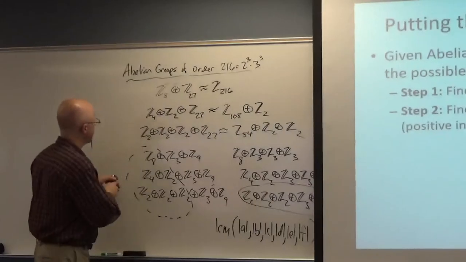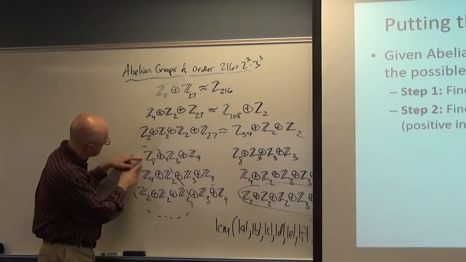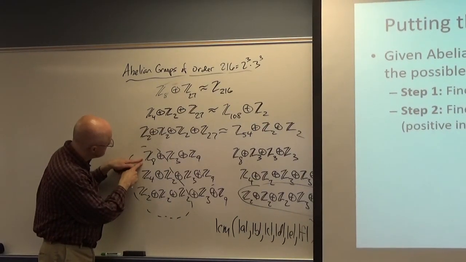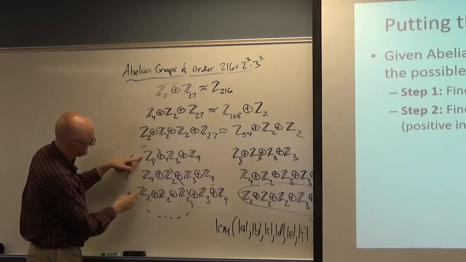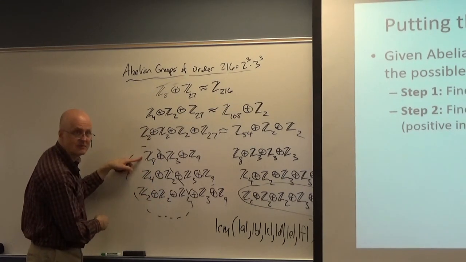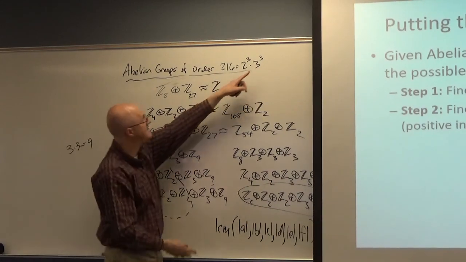there were 3, put down here, abelian groups of order 8, 2 cubed, 3 being the exponent of the 2. Z8, Z4 with Z2, Z2, Z2, Z2. 3 is also the exponent of the 3 here.